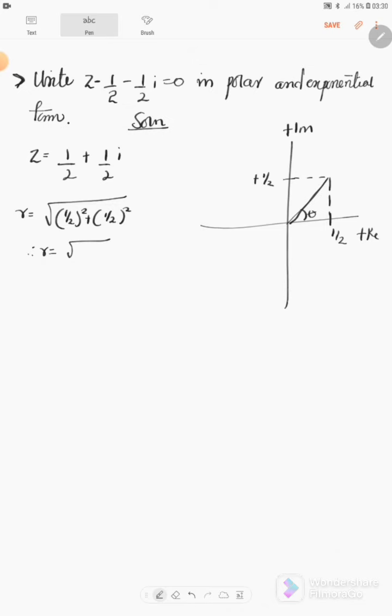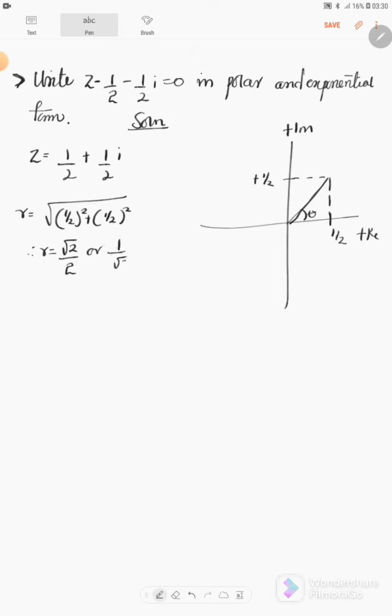That's 1 over 2 squared plus 1 over 2 squared. That gives us root 2 over 2. Well, we can further rationalize and say 1 over root 2.